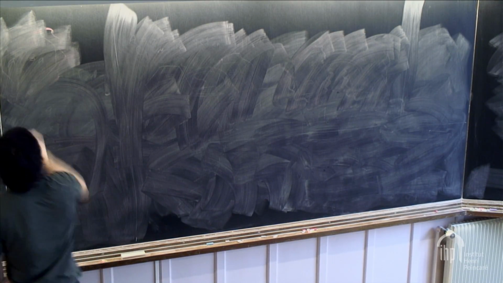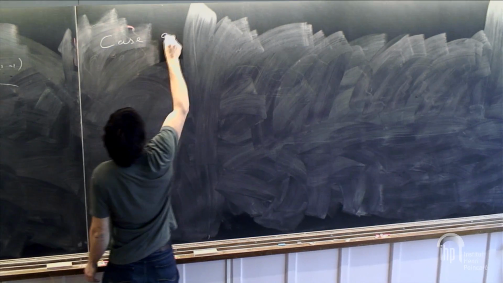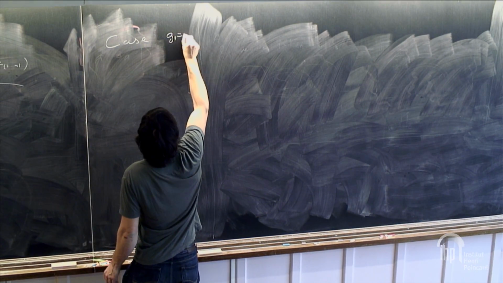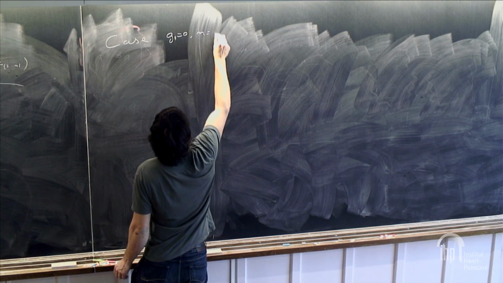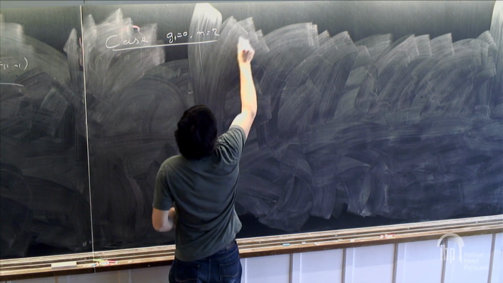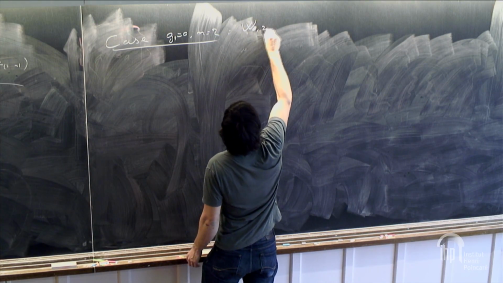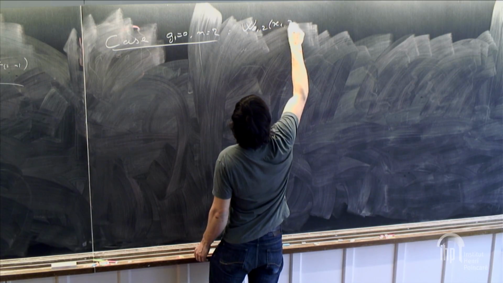Case g equals 0, n equals 2. So what we want to compute is W_{0,2} of x1, x2.